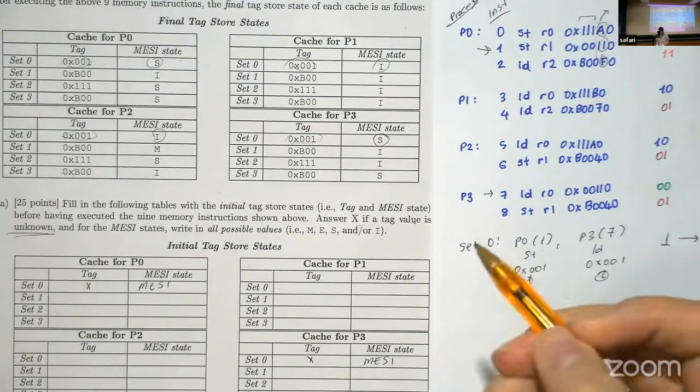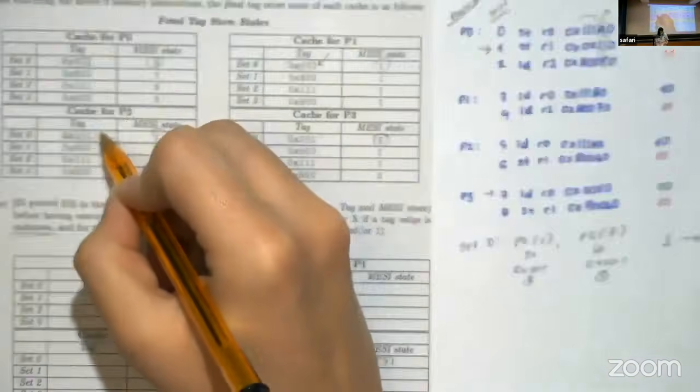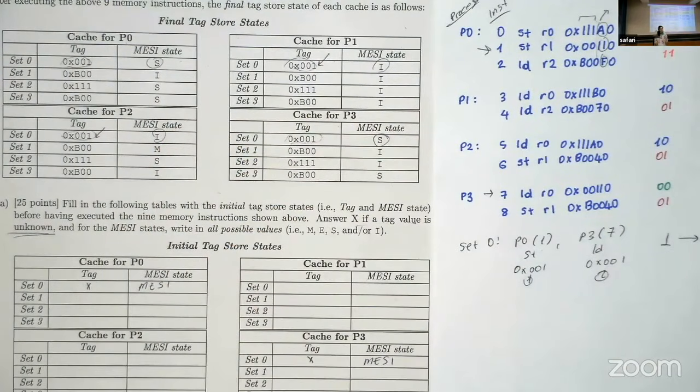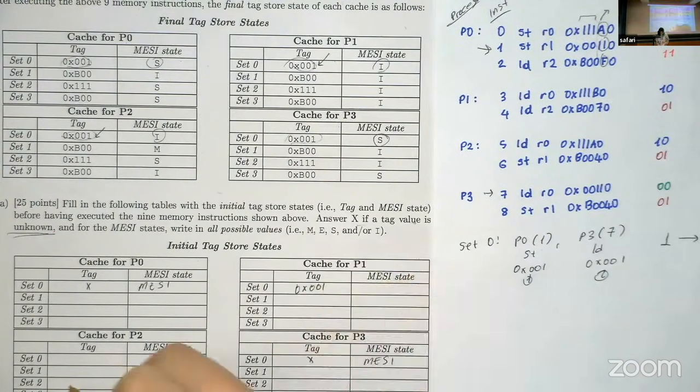And for the other ones, what we have as a hint is that they already have these tags, even though we didn't do anything related to these. Basically, we don't execute any instructions related to this. So they should have these tags in the initial state, so that they were not changed by our execution.